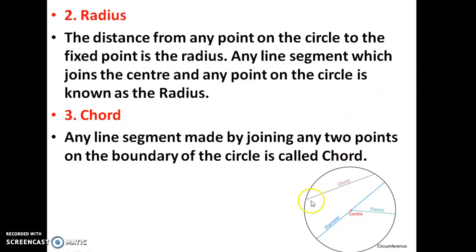See in the picture, this is one point on the circle and this is one more point on the circle. If you join those 2 points by a line segment, that is called a chord. You can see the diameter is also a chord. The longest chord in a circle is its diameter.